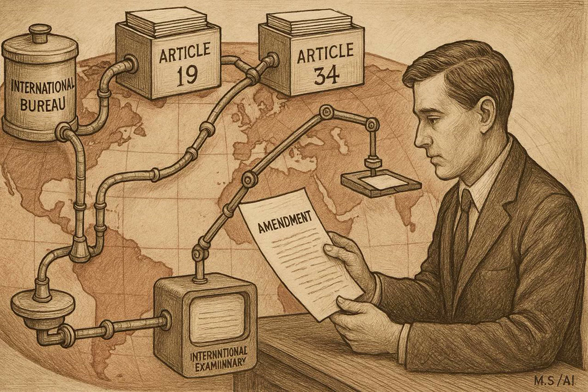So digging into the specifics laid out in MPEP Section 1871 isn't just about memorizing a bunch of rules. It's more about understanding the levers you have as an applicant, how you can influence the process, the potential pitfalls you need to watch out for, like new matter or improper formatting, and appreciating how these procedural details can significantly affect not just the immediate examination, but the whole path and even the public perception of your international application down the road. Well said.